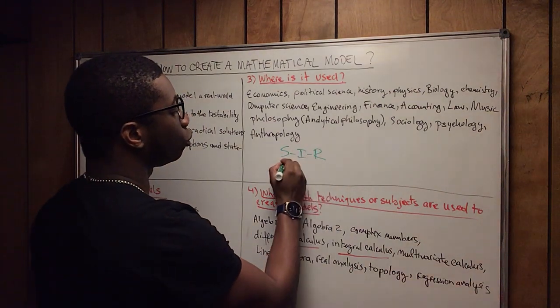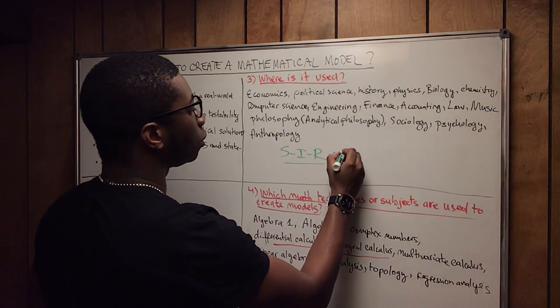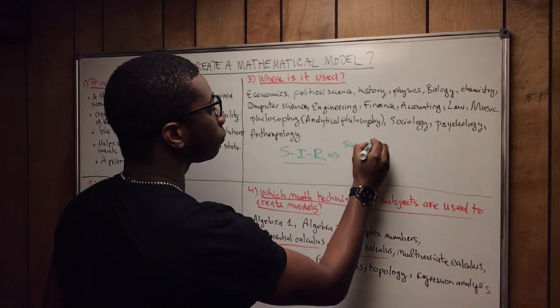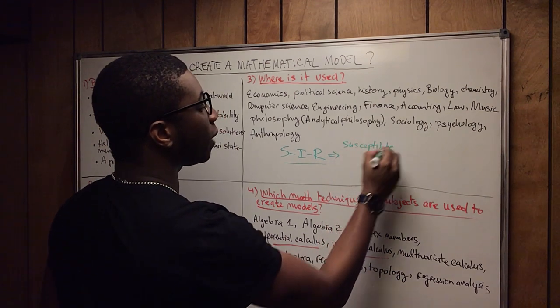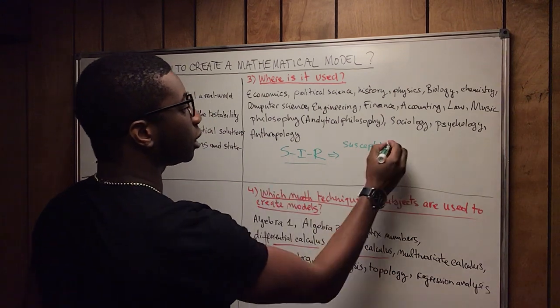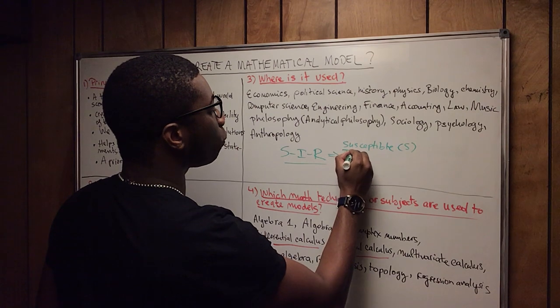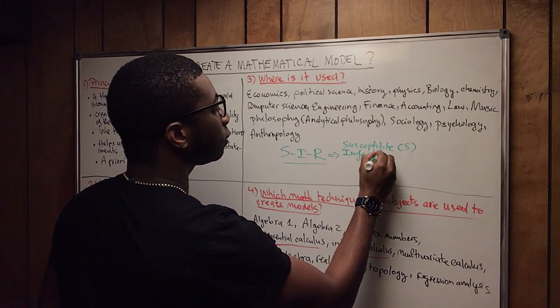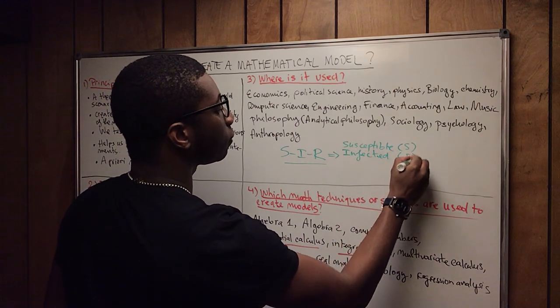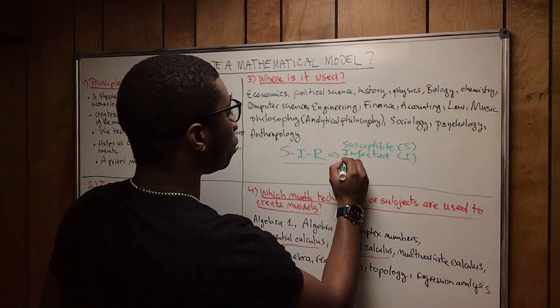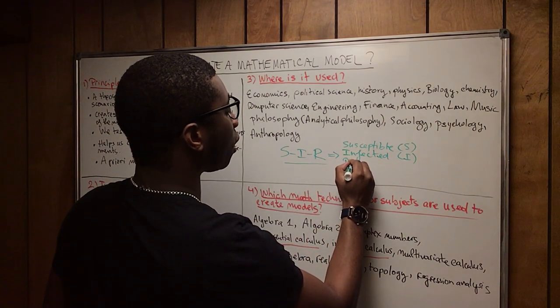The SIR model stands for people who are susceptible to be infected, that's what the S stands for. The I stands for infected, people who are already infected by the disease. And then you have the R for people who have recovered.